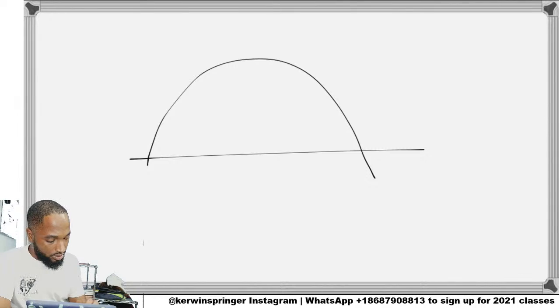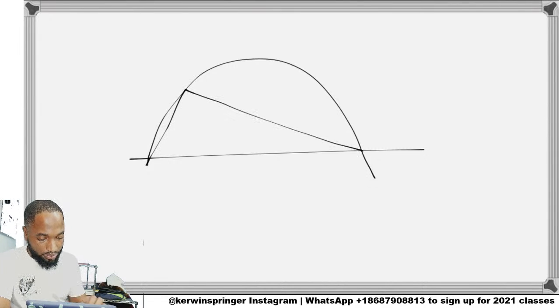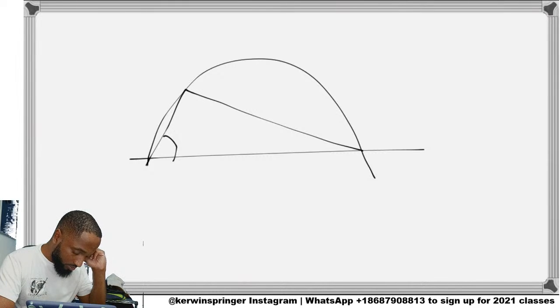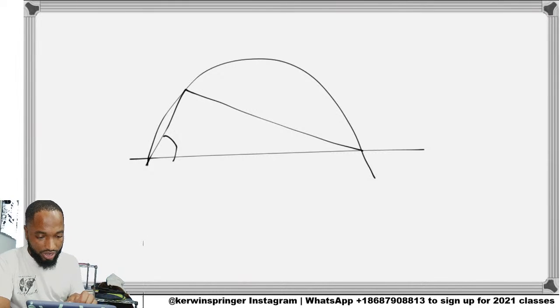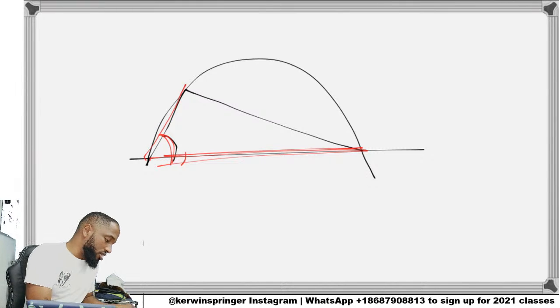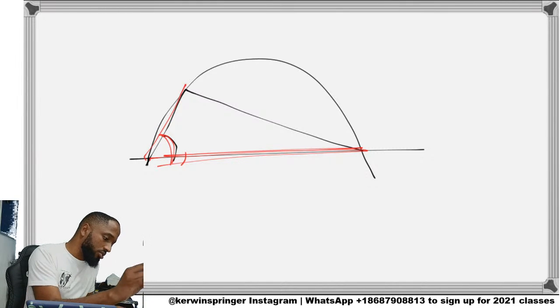They'll ask you some special drawing shapes now. What are you doing here? This is when you're given the hypotenuse and an angle. Constructing a triangle, given the hypotenuse and an angle, right?